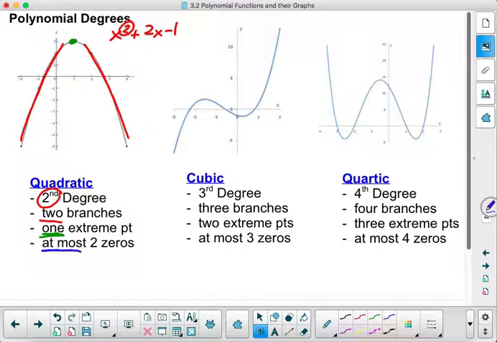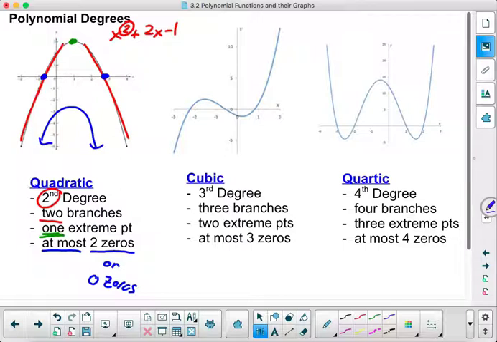So the key words are at most here, but they'll either have 2 zeros or they're going to have 0 zeros. They'll never have 1 zero, but they either have 2 or 0. So in this case, this crosses, and when I say a zero, that's the x-intercept. This has 2 of those, or I could draw a parabola that looks like this, where it's never going to cross the x-axis, and that would be a case where it has 0 zeros, but it's either 2 or 0.